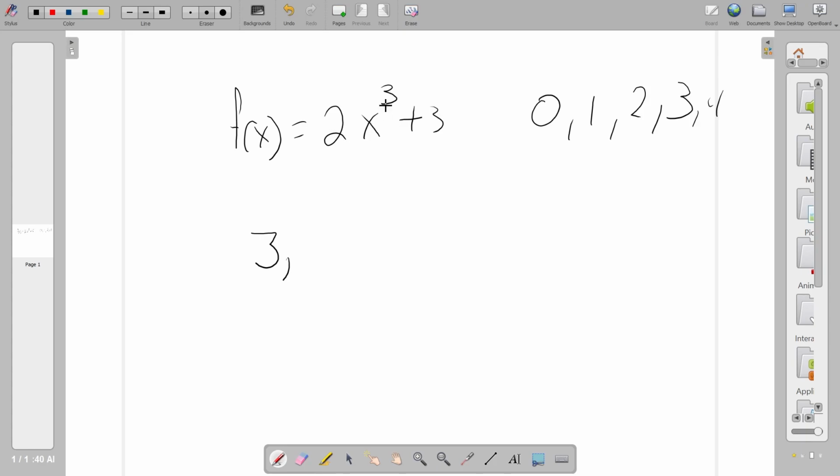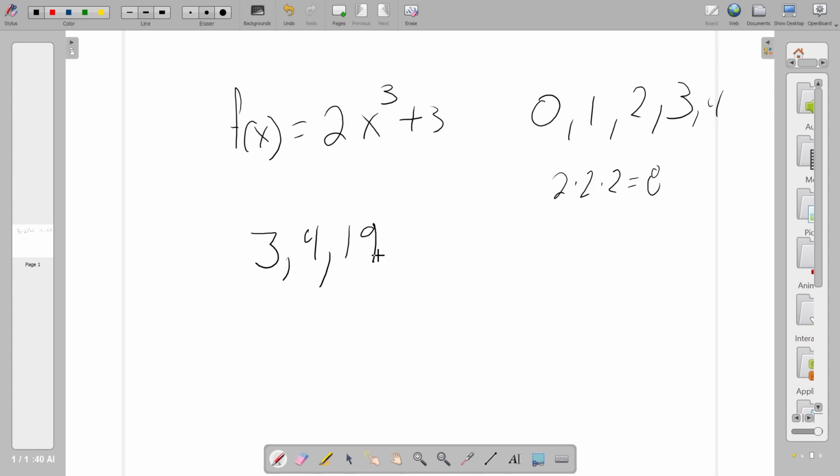2 times 1 cubed, well, 1 times itself, it doesn't matter how many times, it's still going to be 1, plus 3 gives you 4. But wait, we only went up by 1. Last time we were going up by 2s. How is this better? Well, 2 cubed, 2 times 2 times 2, is 4, times 2 is 8. 2 times 8 is 16, 17, 18, 19. Boom!